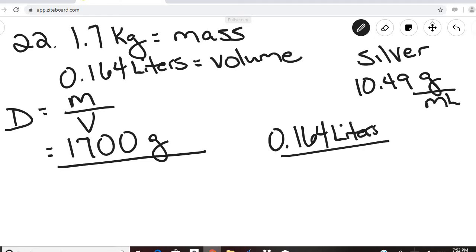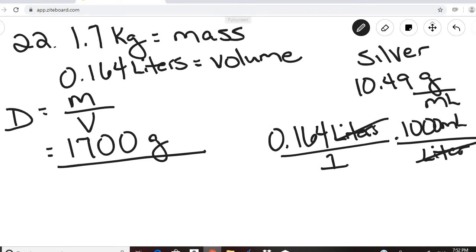Put that number over 1. And we know that there are 1,000 milliliters per liter. Okay, so liters are going to cancel. So we're multiplying by 1,000, which is like moving the decimal place 3 places to the right. So the volume will be 164 milliliters. Okay, so the mass was 1,700 grams and the volume is 164 milliliters.